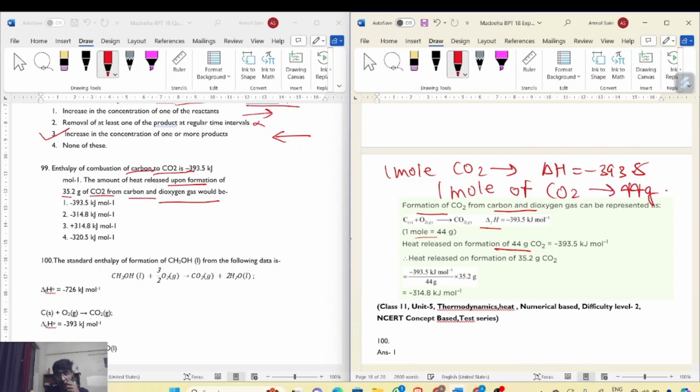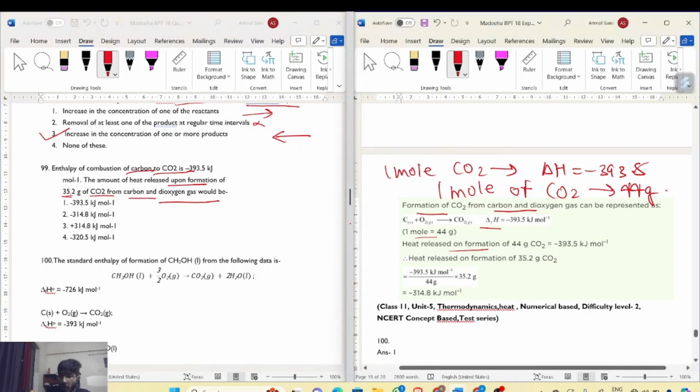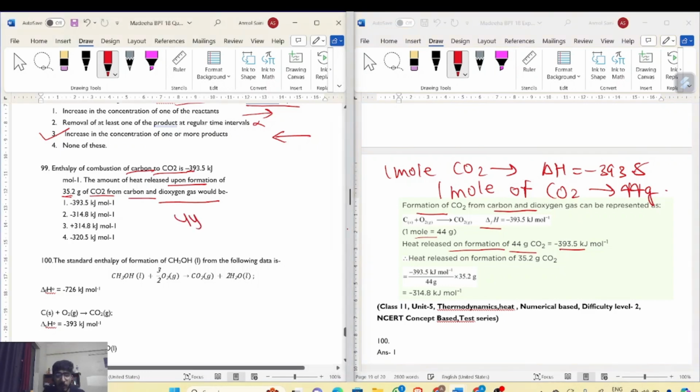So the heat released on formation of 44 gram of CO2 is minus 393.5 kilojoule per mole.